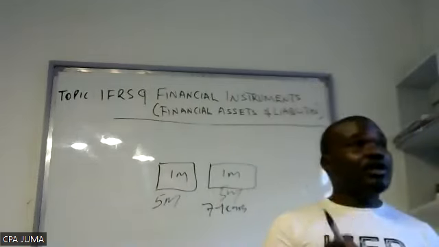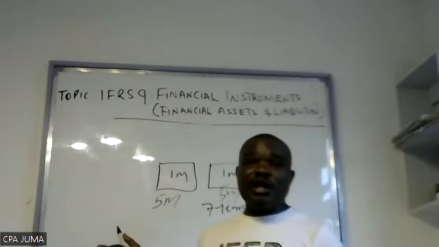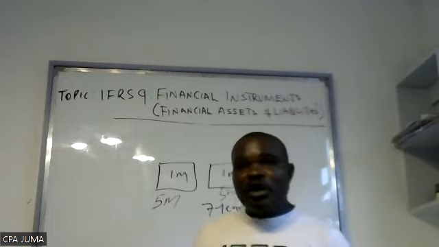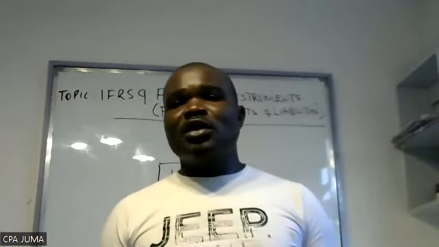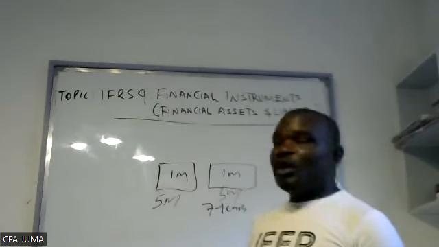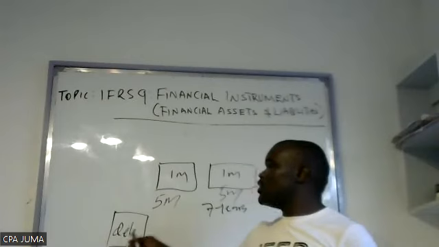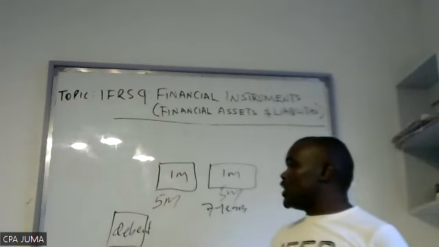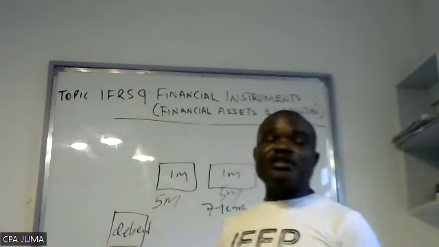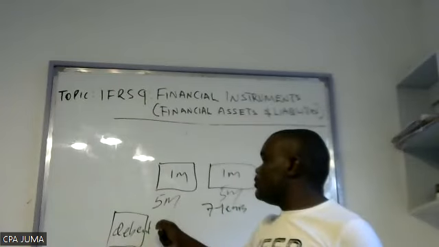So these people, what they do, ukiona Safaricom are giving out debentures, this is just for illustration. When they give us those debentures, they'll give you the certificate. You give them your 5 million.